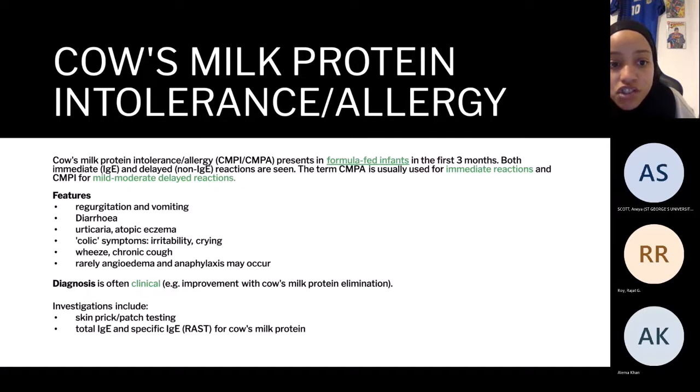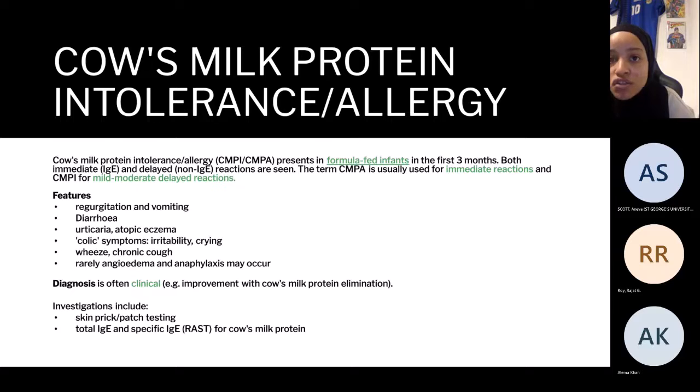In terms of the features, we went through some of them. They usually will be quite colicky. Very rarely will they have angioedema and anaphylaxis, but it's also really important to look out for. Diagnosis is clinical. So if they have any of those features, you need to have the assumption that it could be that.